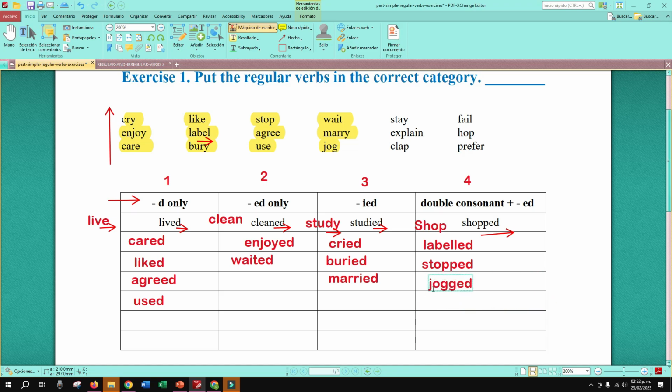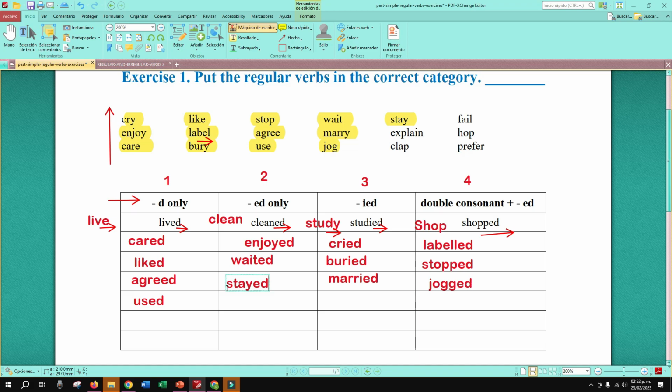Jogged, right? Good. What about stay? Stay. Which one? One, two, three, or four? Two. Two, right? That's stay. Good. That's right. Stayed. Good, right? I didn't need to change that one, right? Yes.